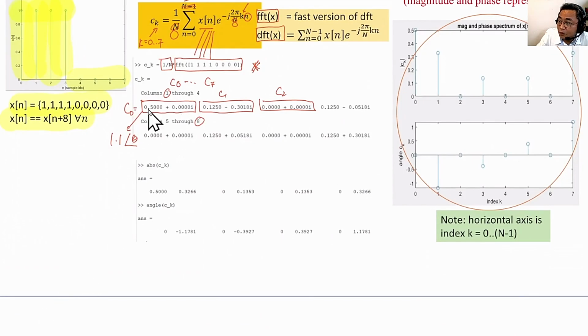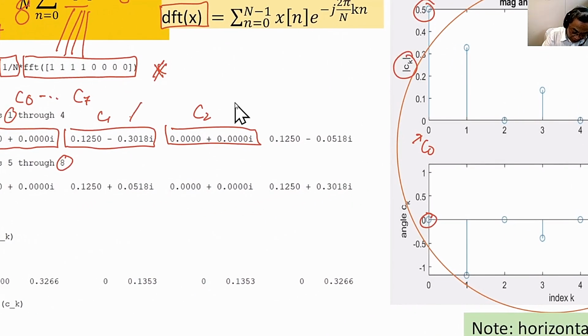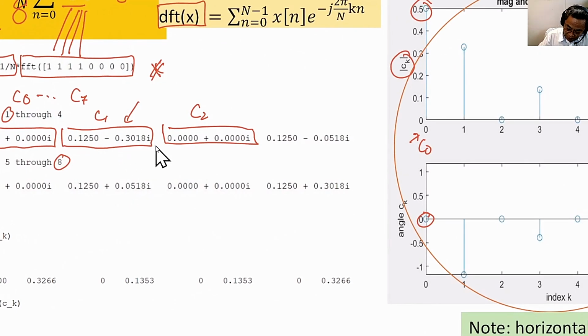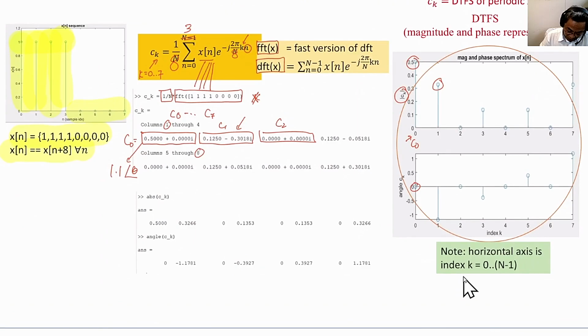Look at the first number, 0.5 plus j0. So the first element is 0.5. So this is C0 magnitude, and the phase is 0. The second one is 0.125 minus 0.3j. So this is the number in magnitude and in phase, and so on and so forth, and you will get, so this is, I'll plot the magnitude and the phase here, and you will see the second element is 0.32, which is the magnitude here.